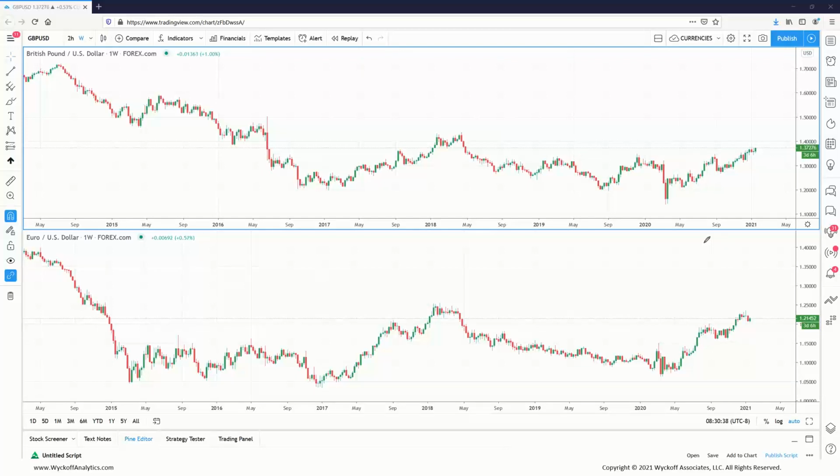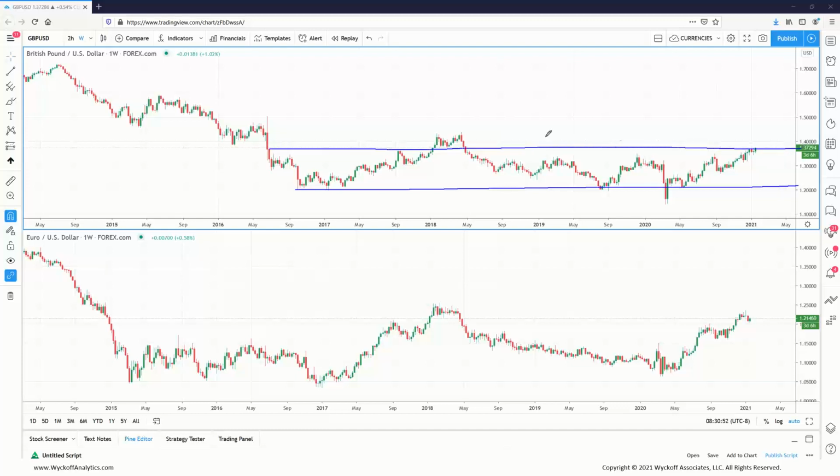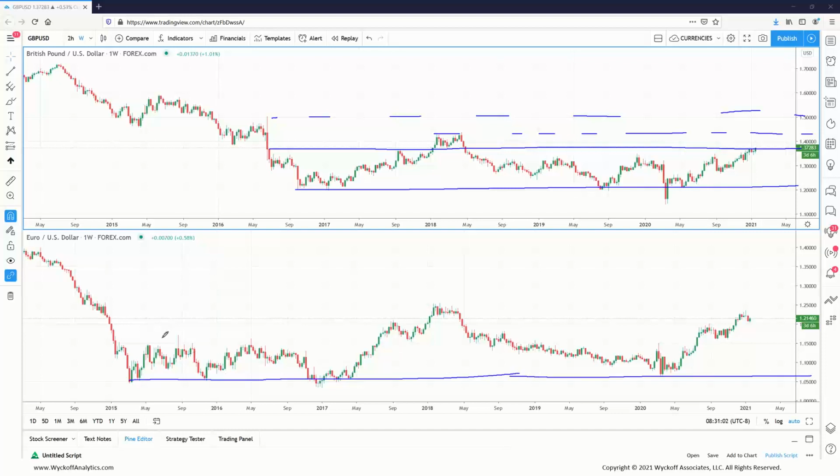But as far as the bias, if this is indeed an accumulation pattern, which it certainly looks like, although we've got that area that we've got to overcome first and show the ability of the exchange rate to maintain itself there and hold.